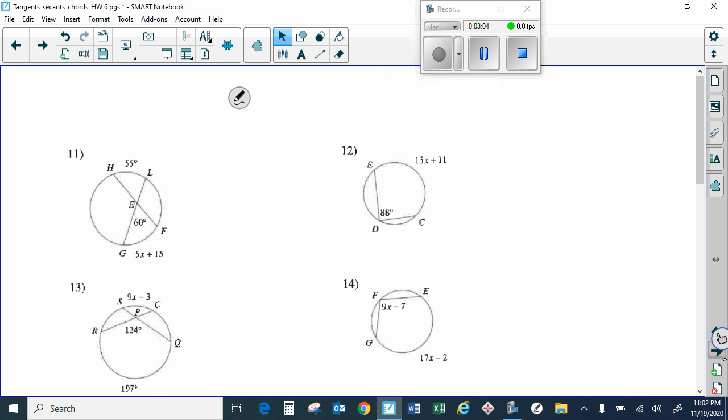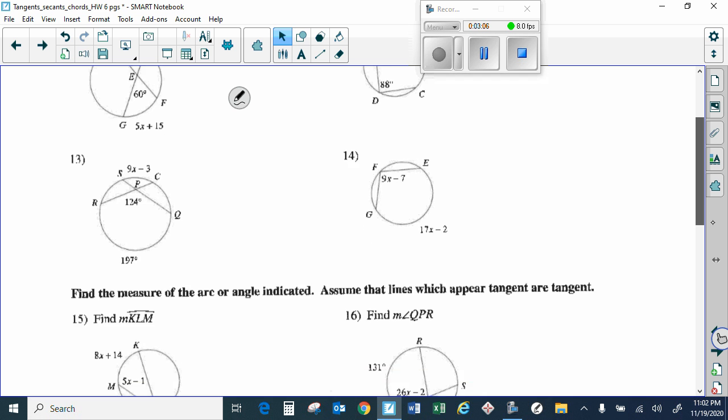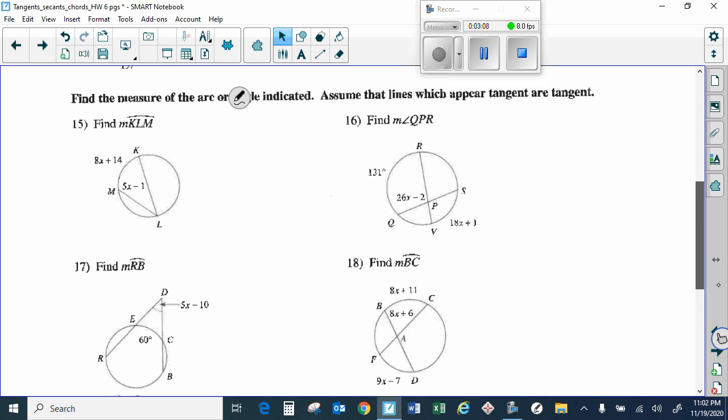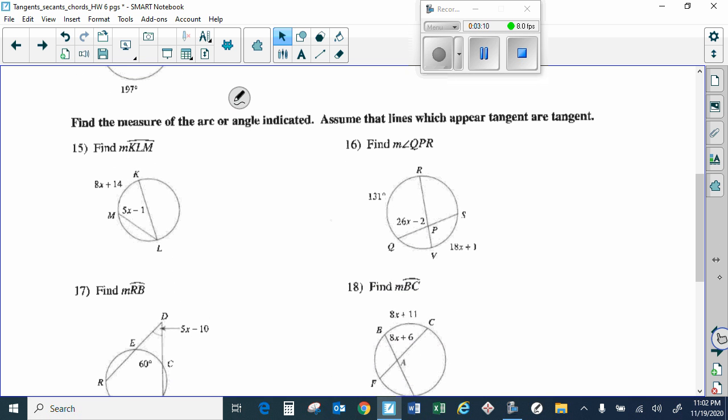Here we have more of the same. Let's go down to here now. Find the measure of the arc or angle. Again, we have an inscribed angle. This 5x minus 1 would be this angle right here. I just can't make it that small, but that's where it's supposed to be. So again, if I double that, that would equal the arc measure right there, 8x plus 14.